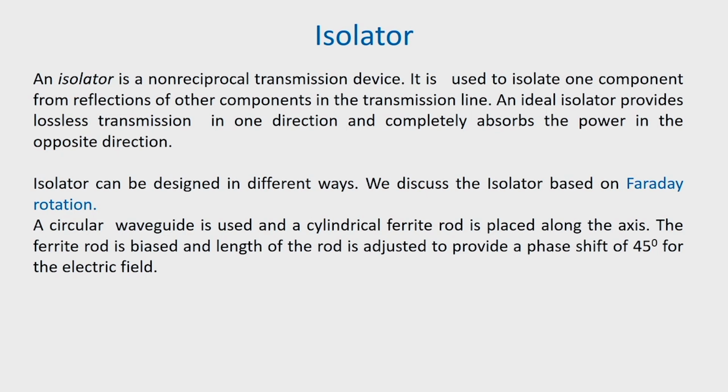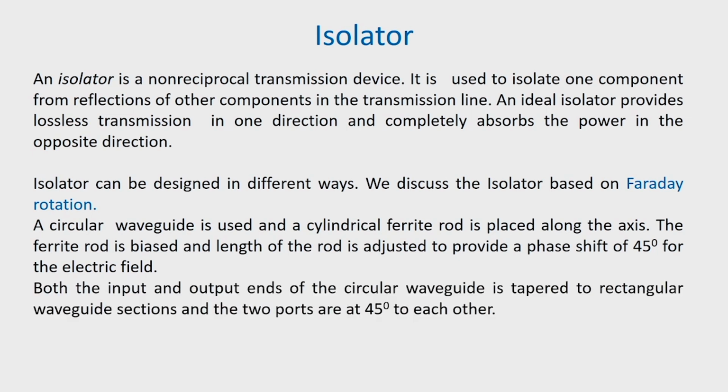So, the length of the rod and the bias are adjusted so that the polarization rotates by 45 degree. Both the input and the output ends of the circular waveguide are tapered to rectangular waveguide sections, and the two ports are at 45 degree to each other.